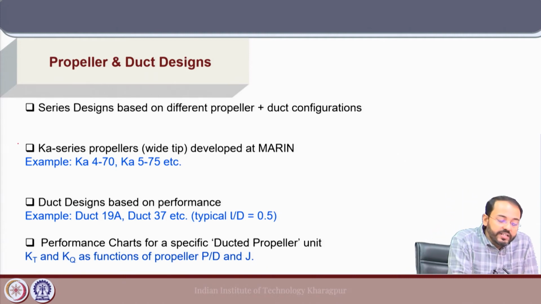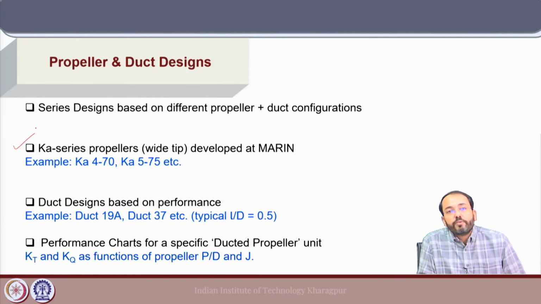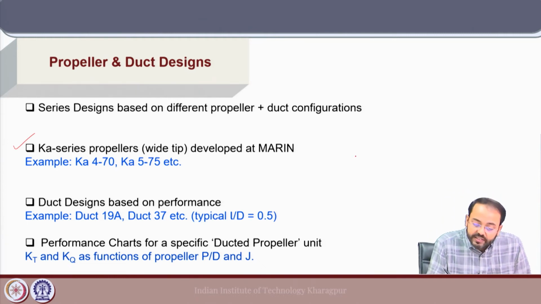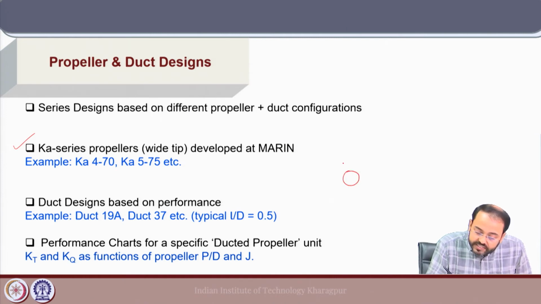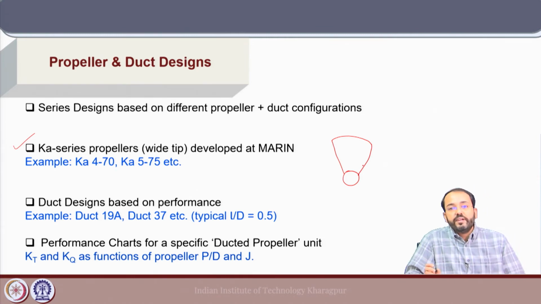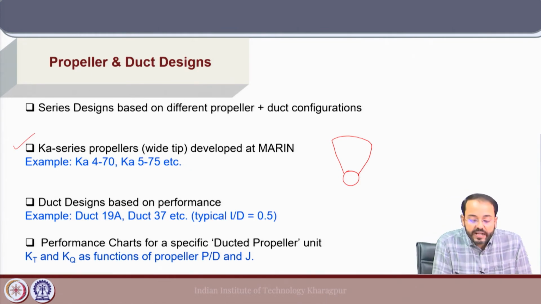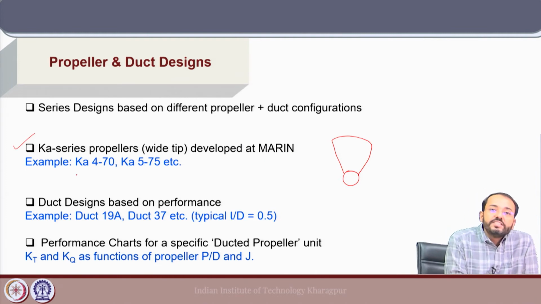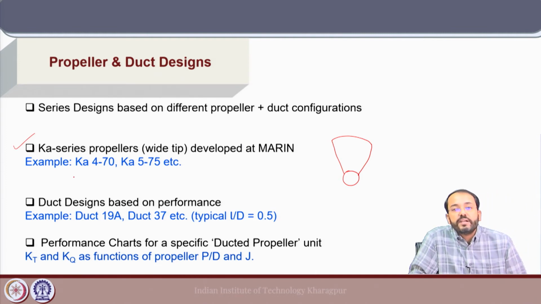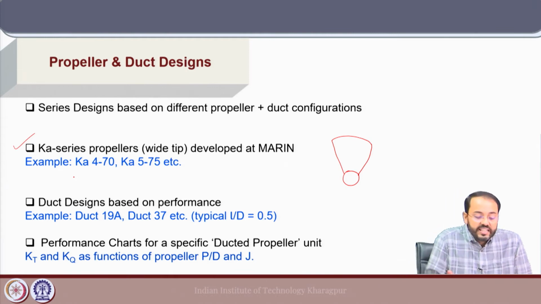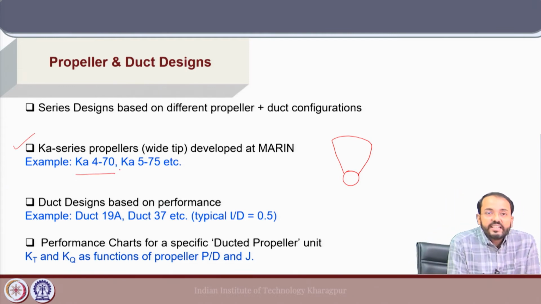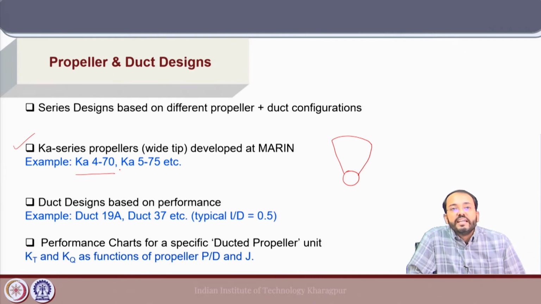One of the most popular designs is the KA series propellers, which have wide blade tips. With the combination of suitable ducts, a series of these propellers have been developed at Marine, and the terminology is very similar to the B series propellers that we have studied earlier. Here the KA series are denoted in this fashion: KA 470 or KA 575.